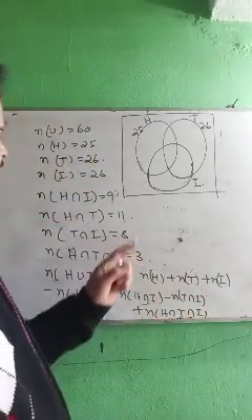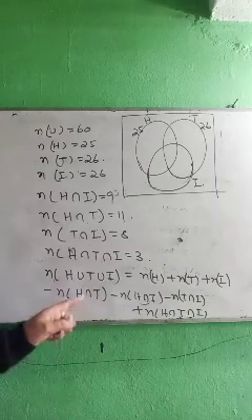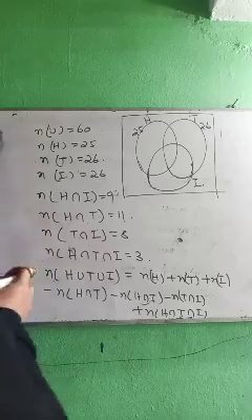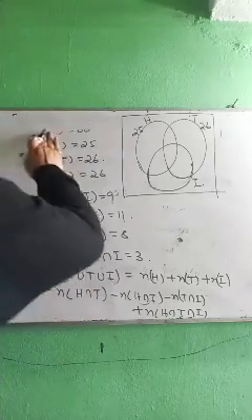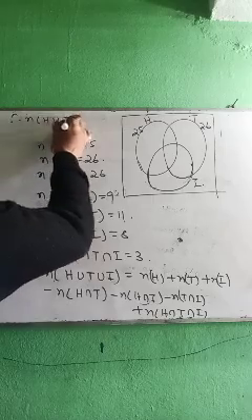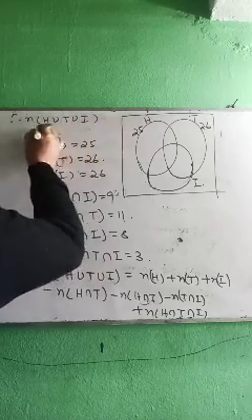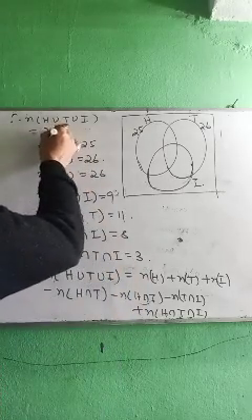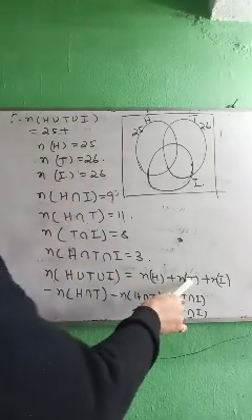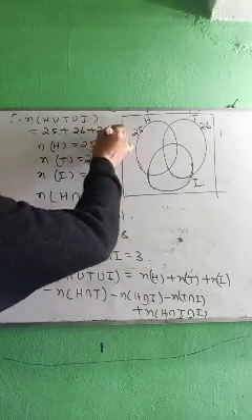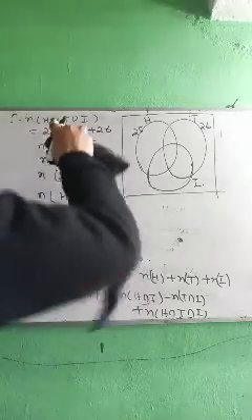All the data is given. So if I put it in, what shall I get? N(H) is 25 plus N(T) is 26, then plus 26.